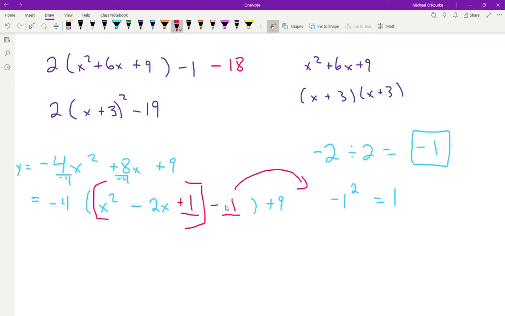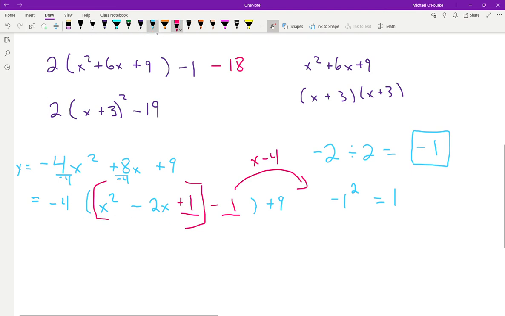But as that one comes out, what do we need to do to it? What do we need to do to that negative 1 as it comes out of the bracket? Good. Multiply it by negative 4. Okay.